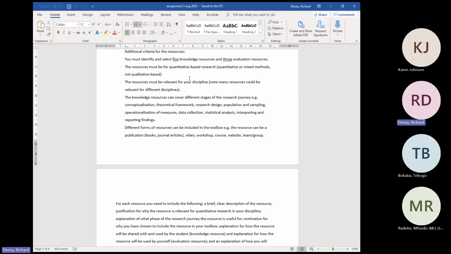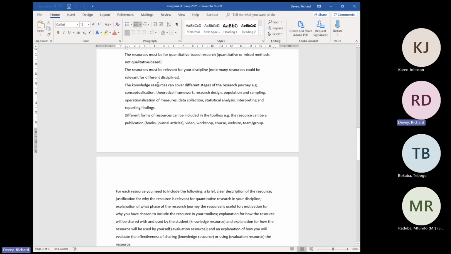Some of your resources could be very specific to the discipline that you work in, and others would be more general but could be used across disciplines. So when I say it's relevant for your discipline, it doesn't mean that it has to be discipline specific. It can be a general resource that could be used in your discipline. That's what I mean by relevant to your discipline.